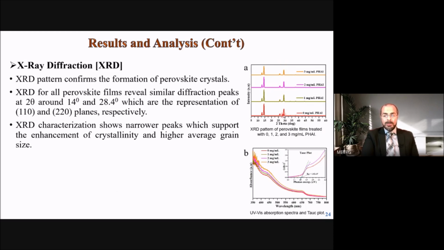So these two peaks are unique for the perovskite crystallinity, the structure, and it confirmed that we have formed the perovskite layer on the top. And these two peaks, the 14 and 28.4, are related to the planes 110 and 220, respectively.